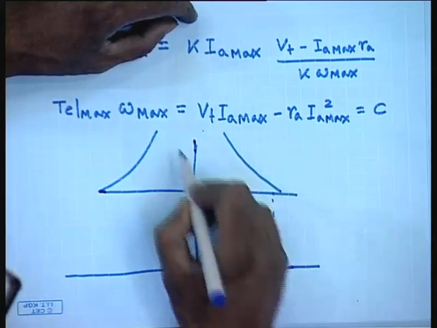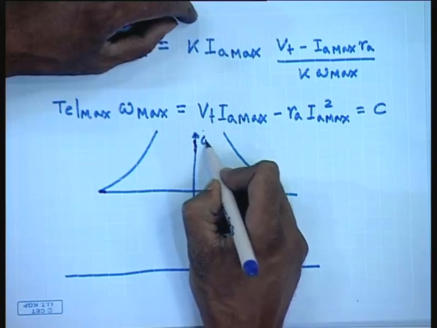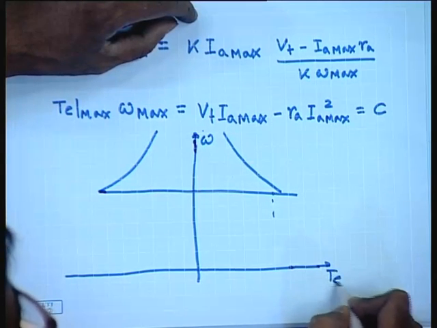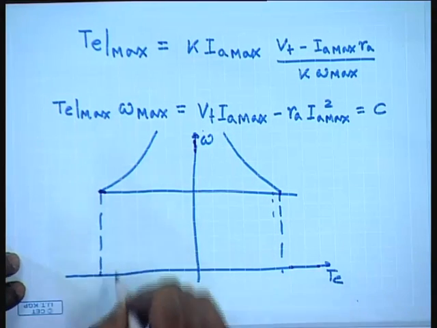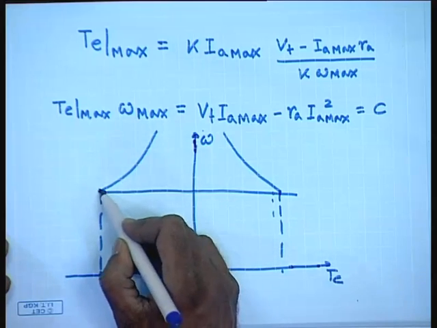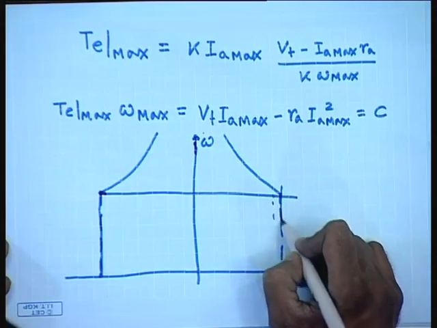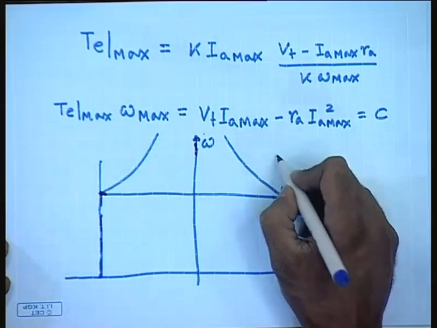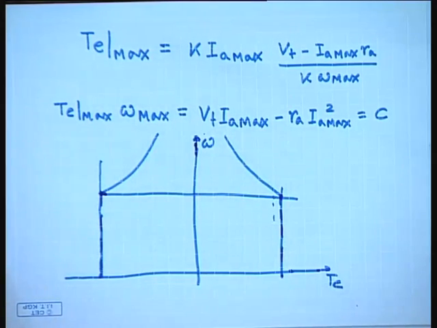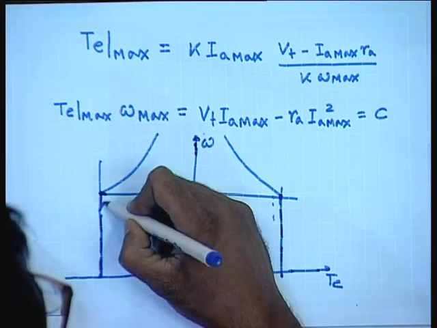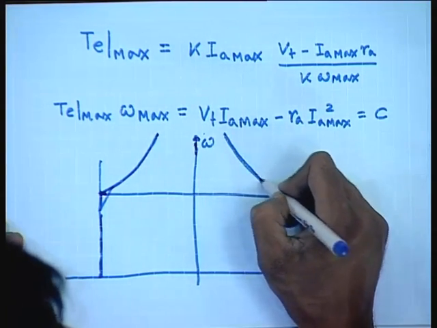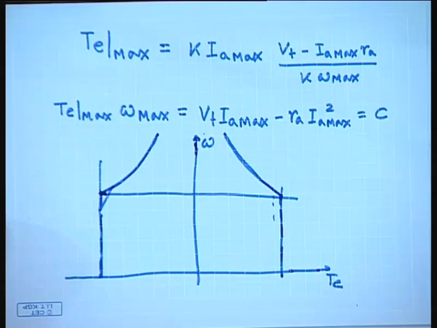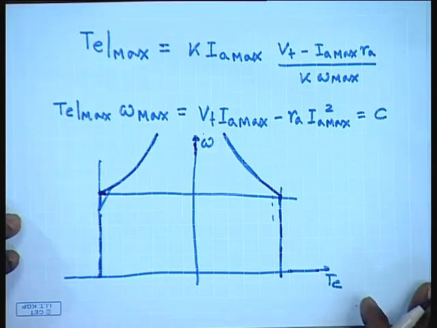So, the operating point, the machine must be operated bounded by these two vertical lines, which indicate the armature current limit, and this rectangular hyperbola, which is restricted again by armature current limit, but when the field flux is reduced below its rated value.